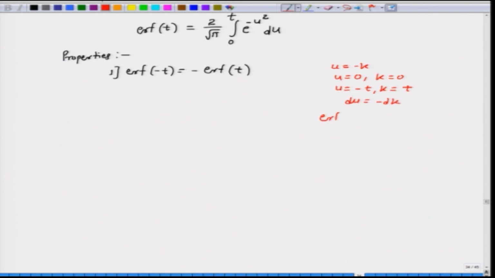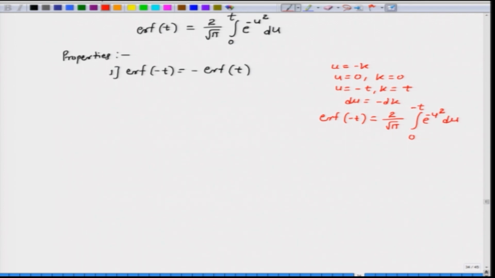So, erf(minus t) is 2 over root pi integral 0 to minus t of e to the power minus u square du.